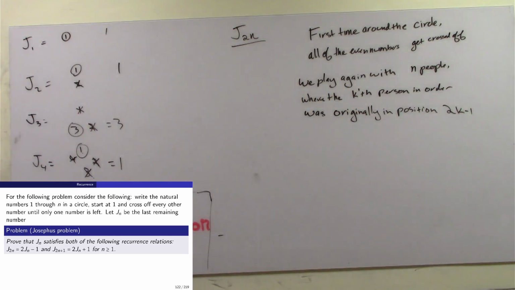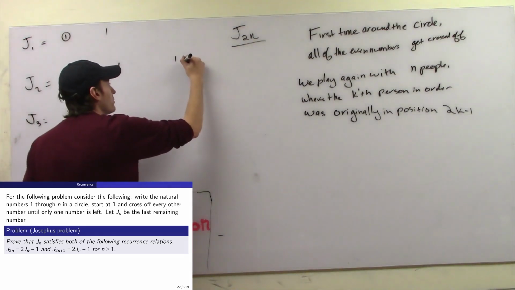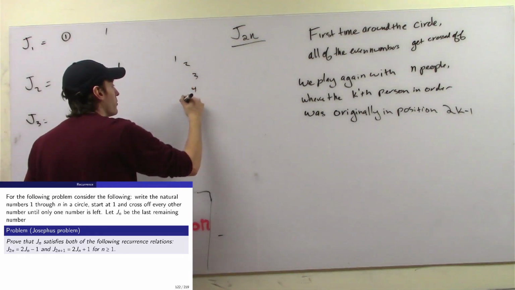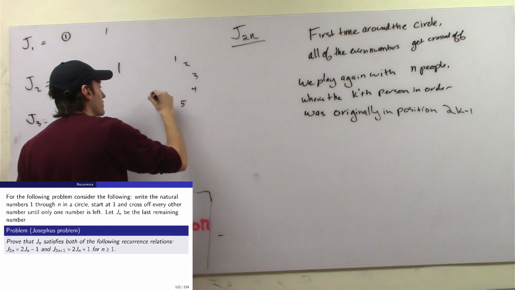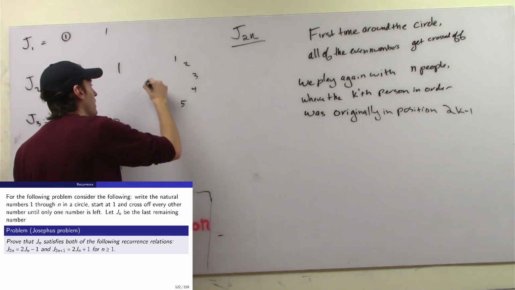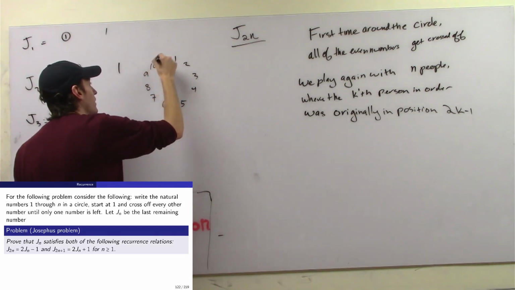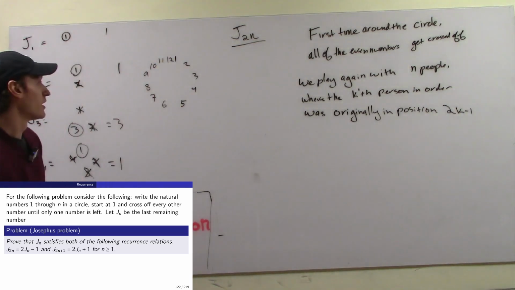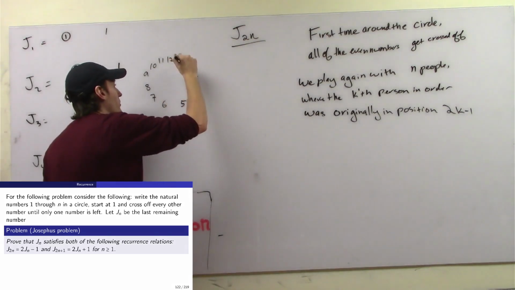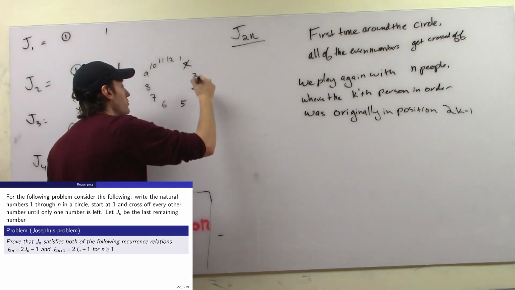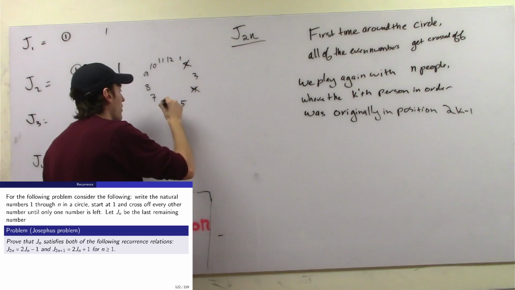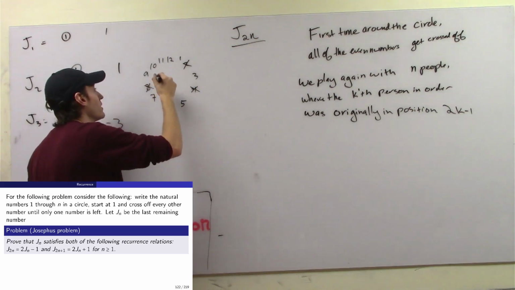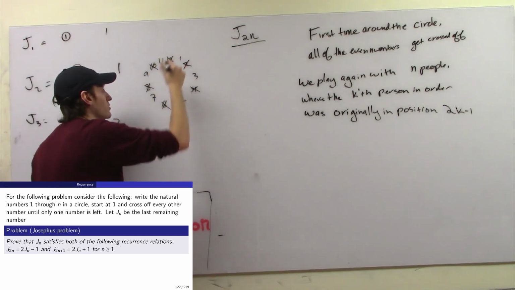This is a simple picture though. So the idea is you have 1, 2, 3, 4, 5, 6, maybe 7, 8, 9, 10, 11, 12, like a clock. And so at first you cross off 2, cross off 4, cross off 6, cross off 8, cross off 10, cross off 12.